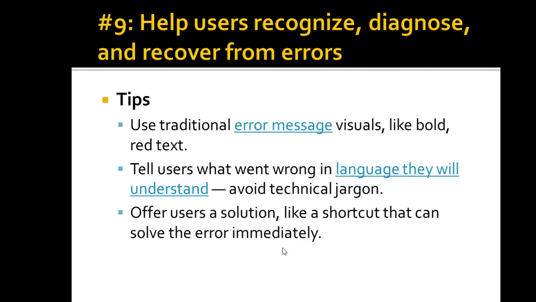So tip: use traditional error message visuals like bold red text. And then tell users what went wrong in a language they will understand, and avoid technical jargon. And then offer users a solution, like a shortcut that can solve the error immediately.